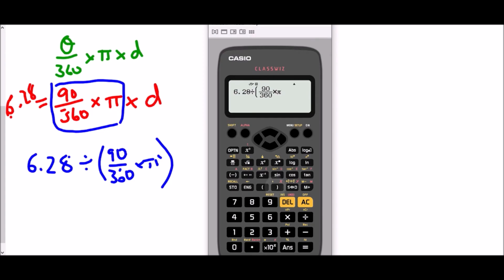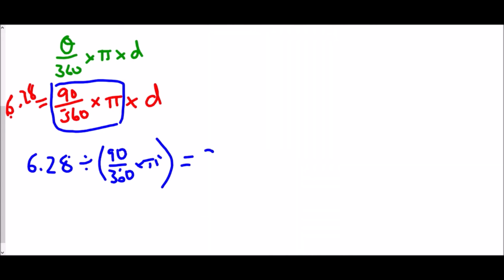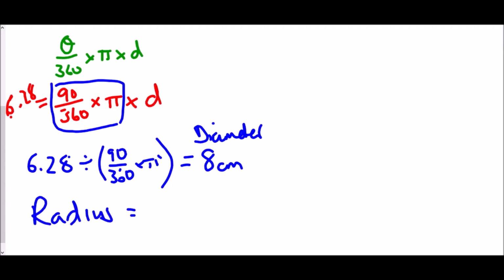I close my bracket. And if I do that, I get 7.9959. So if I were to go to one decimal place, that is 8 centimeters. But this, remember, is the diameter. So the diameter is 8 centimeters. What is the radius? Well, the radius would have to be half of that, and therefore the radius would be 4 centimeters.